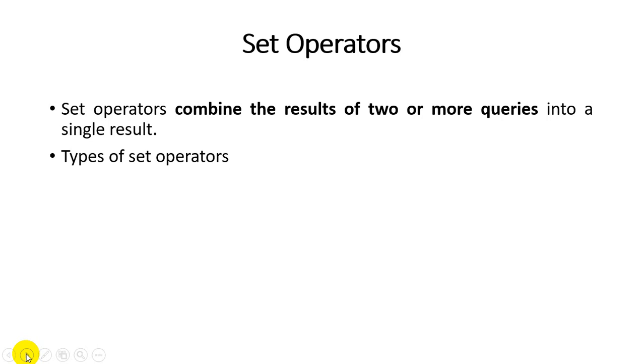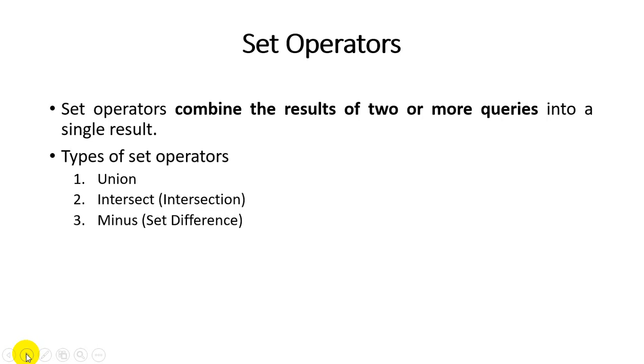But if they want to retrieve multiple tuples among multiple relations with the help of a single query, then we use a set operator, because by definition, combining the results of two or more queries into a single result is known as a set operator. There are three different types of set operator: union, intersect and minus. Let's see how it works with an example.